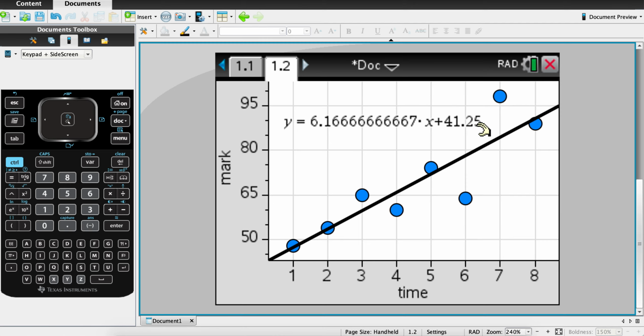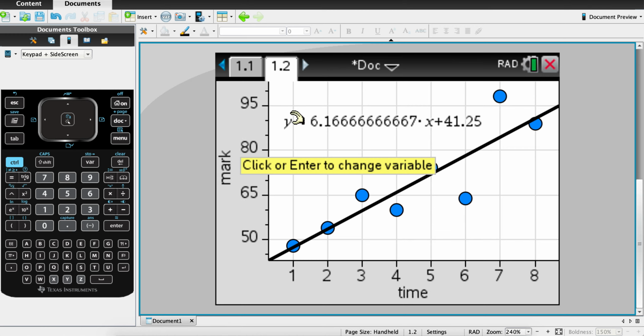plus 41.25. Now, this is now in the form of a straight line, which it should be, of course, just like we've done previously. But what you want to make sure you do is when you're transcribing, when you're moving this onto the paper, onto your answer sheet, perhaps, or in an assessment, don't use the letter Y. The calculator will do that to indicate it's referring to this axis, but don't use Y because we didn't put Y there, we put mark.